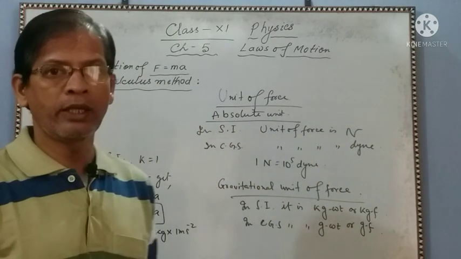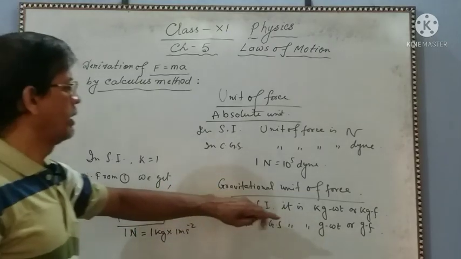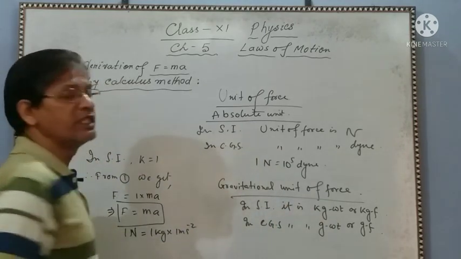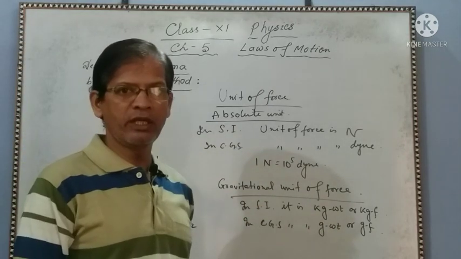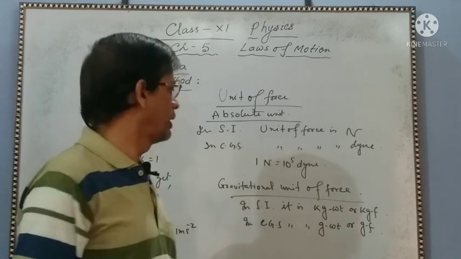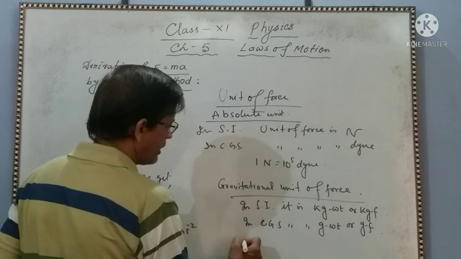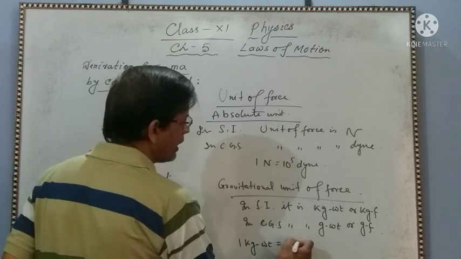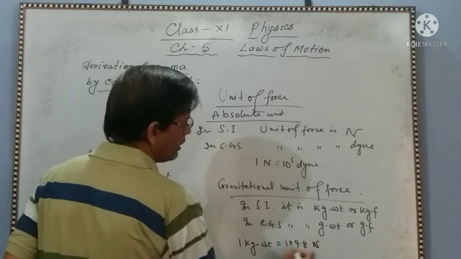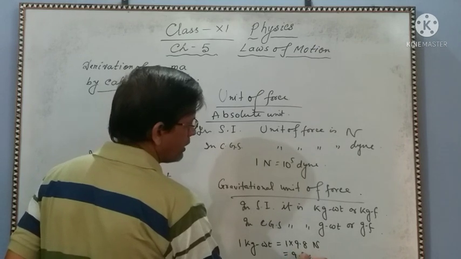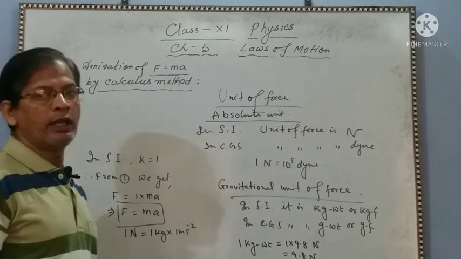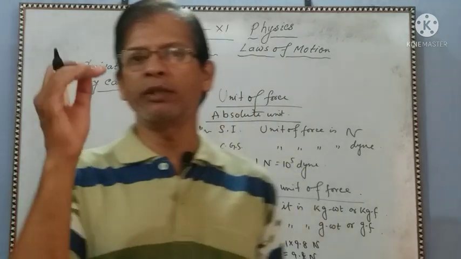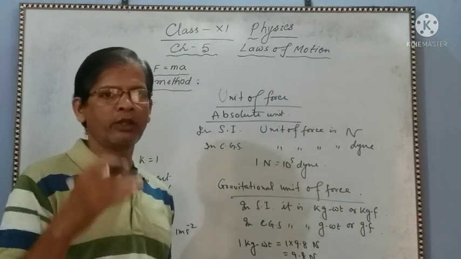To convert a gravitational unit to an absolute unit, we have to multiply by g. That means 1 kg weight equal to 1 into 9.8 Newton. So if you get the unit of force in kg weight, then if you multiply this by 9.8, it will convert into Newton.